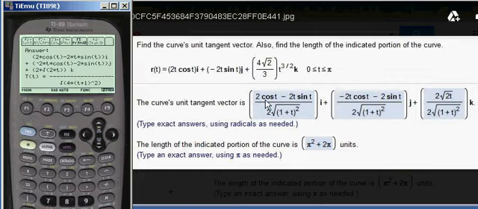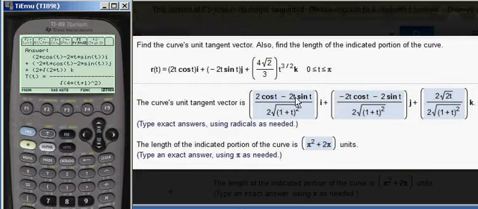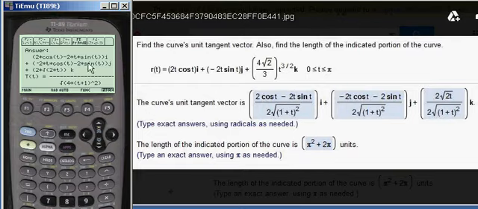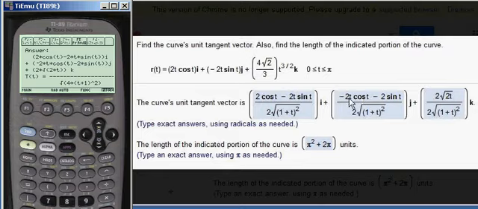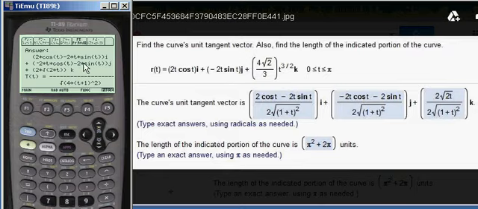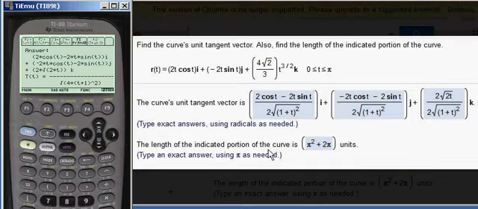Now you can see the answer that they have, 2 times cosine of t minus 2t sine of t. Okay, that's this one here. This one here, over here for the j is minus 2t cosine t, 2 times sine of t, okay? And it's all over 4 times (t plus 1) squared. Now they took the square root outside the radical sign. But no problem.